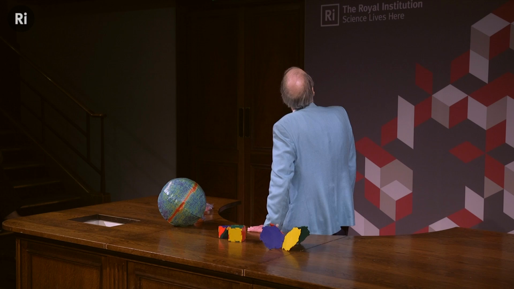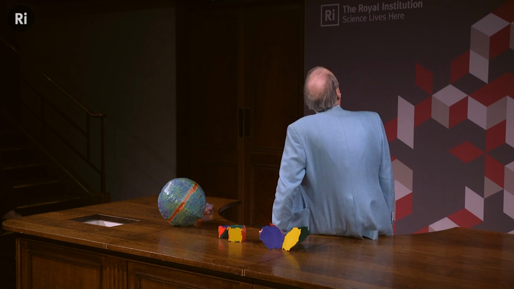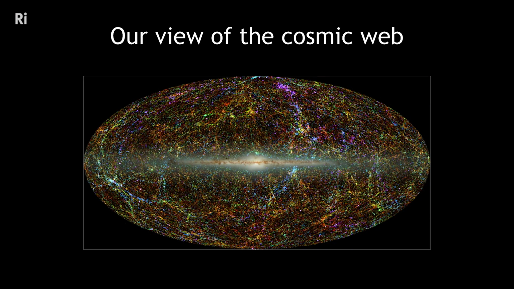So this is our view of the cosmic web today. This was taken in the infrared by the 2MASS survey. And this is an all-sky view again, like the cosmic microwave background picture I showed you. We're looking here toward the center of our galaxy. You can see it looks quite similar to Andromeda.